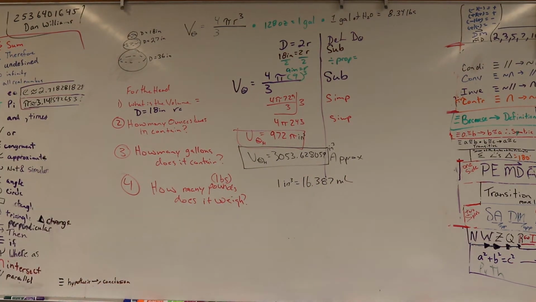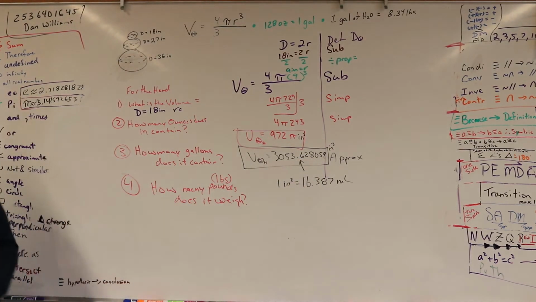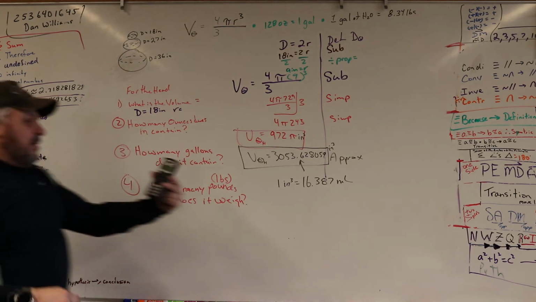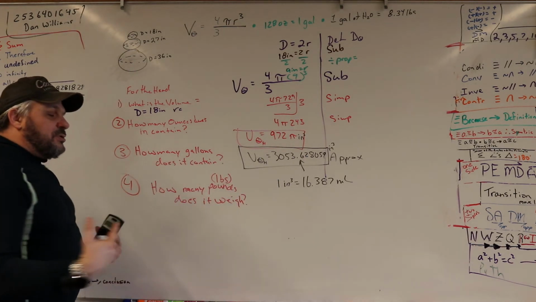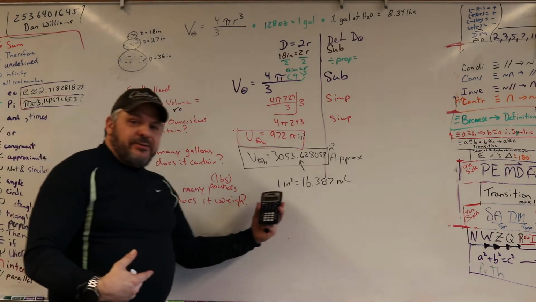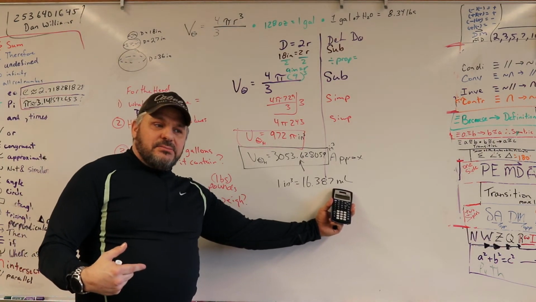So in that case, I'm going to take the number that we found for our volume and multiply it by this conversion from cubic inches into milliliters, right?